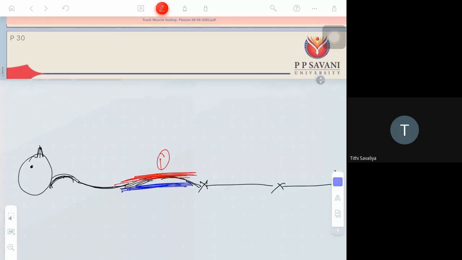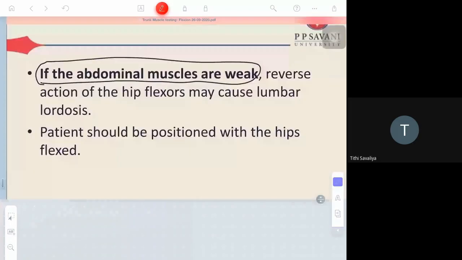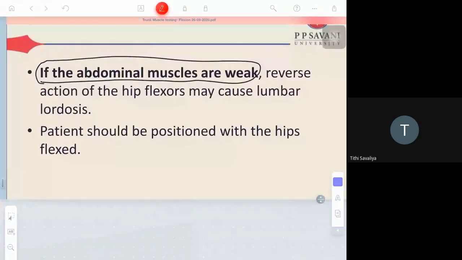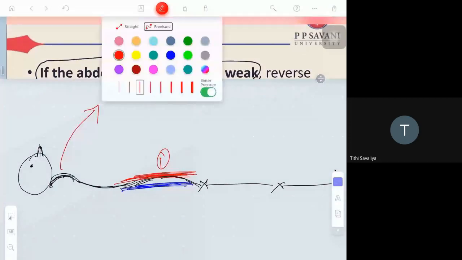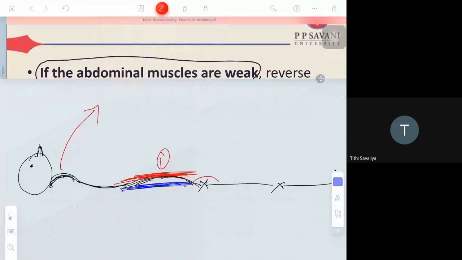If abdominal muscles are weak, reverse action of the hip flexors will occur. When the patient is trying to curl up, here are the hip flexors.